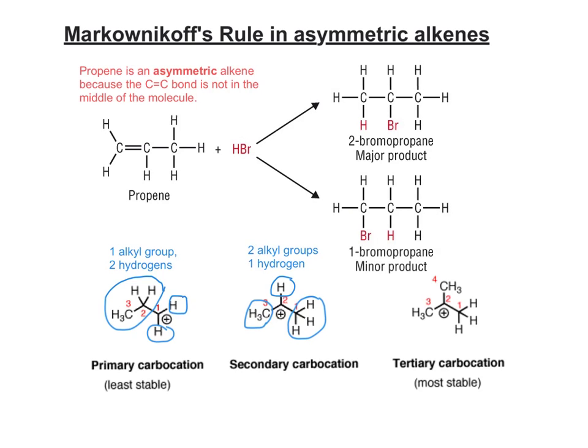And on the third one, you have three alkyl groups in total, and no hydrogens. The more alkyl groups you have, the more stable the carbocation is. When I say alkyl groups, they're carbon-based groups attached directly to the carbon that's positively charged.